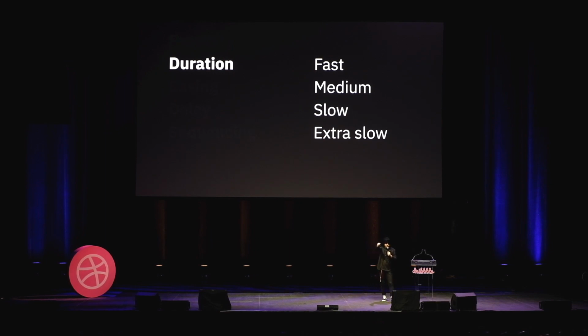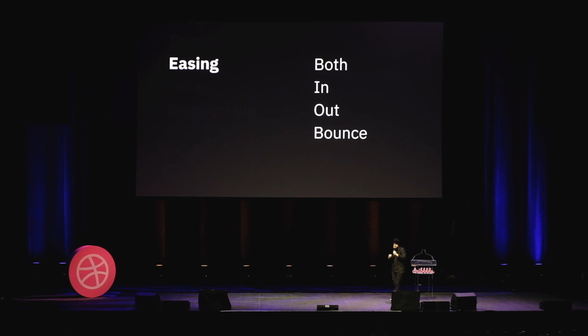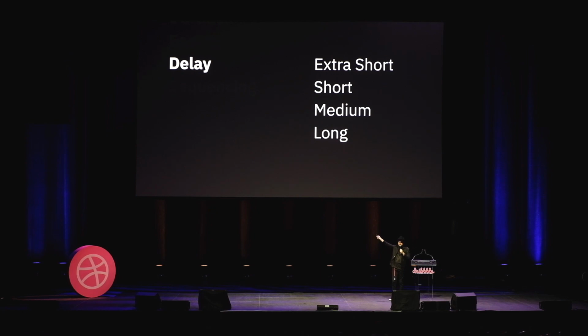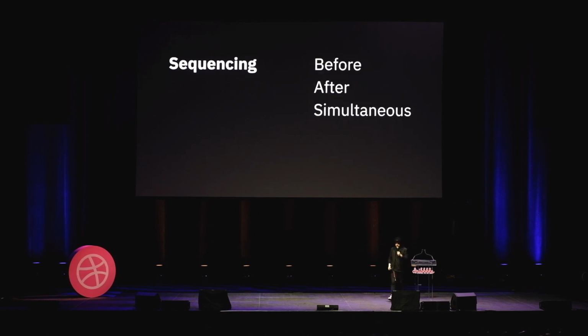There's easing, which we can talk about in terms of in, out, or maybe even something a little more abstract like, hey, let's set the easing to entering, or let's set the easing to exiting. And there's delays. Just like duration, we can say short, medium, long, and sequencing. Do we want these two properties to animate at the same time, or one after another, or in reverse?